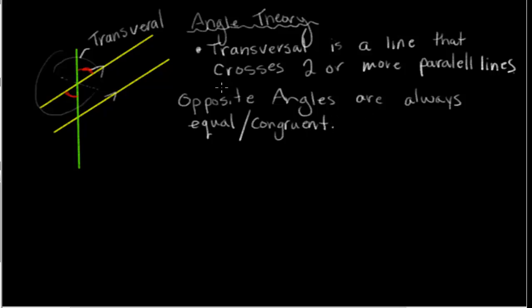And we call this opposite angle theory. If I make a little diagram in my notes, I can illustrate that this angle is equal to that angle. Opposite angles. So as long as I know one, I can know the other, because they're opposite.